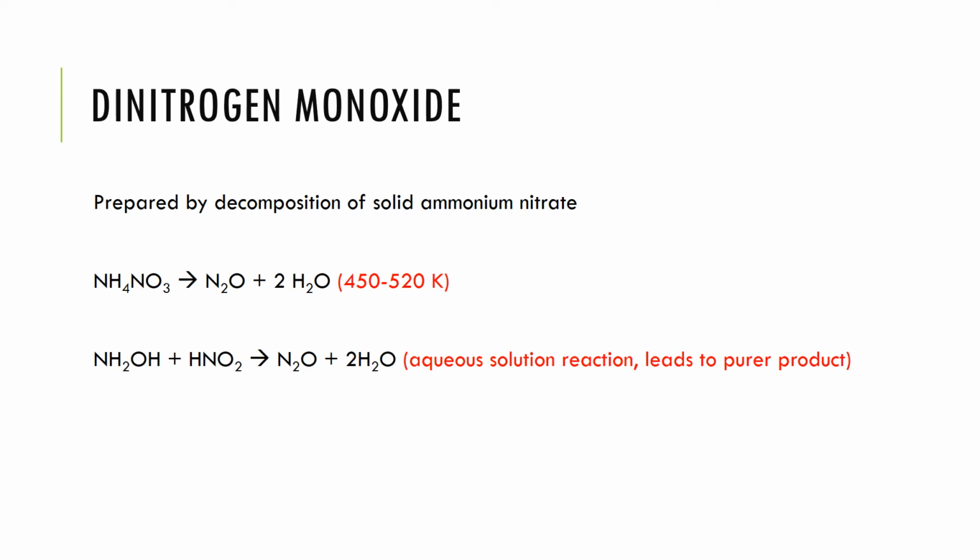You can either heat it at high temperatures, around 500 Kelvin, or you can do it in aqueous solution, and you tend to get a much purer product if you do it in aqueous solution.